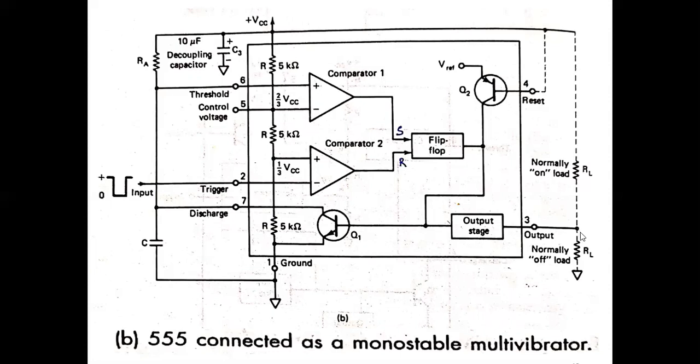Then the capacitor C starts charging up towards VCC through the resistance RA.